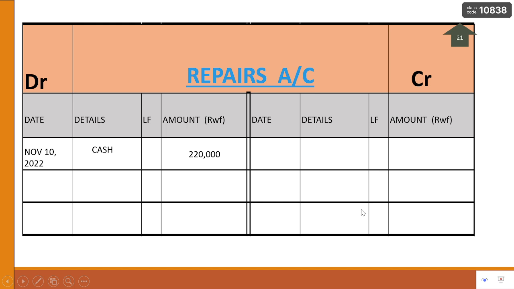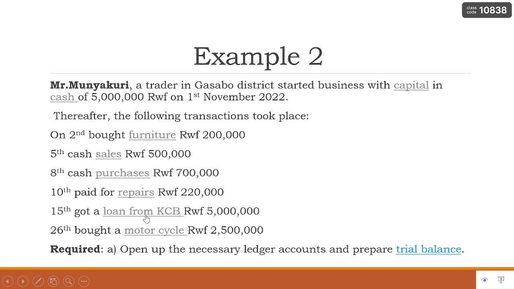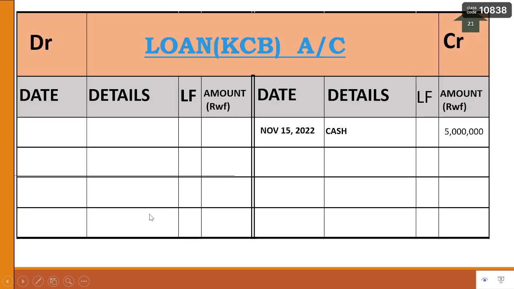We don't have anything on the credit side. We balance it off on the last date of the month, 30th November, balance carried down 220. Then we compute the totals, and the balance brought down comes to 1st December 2022, 220.